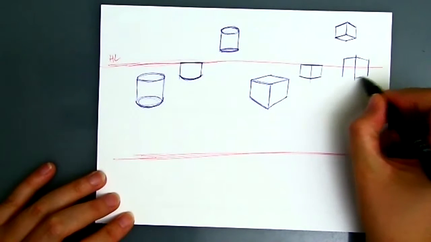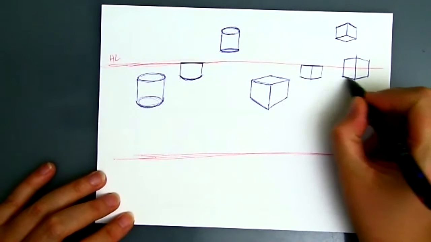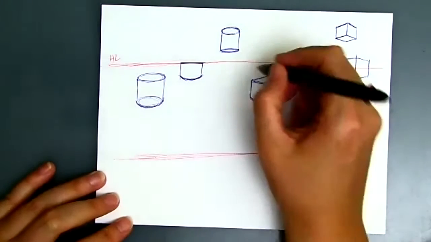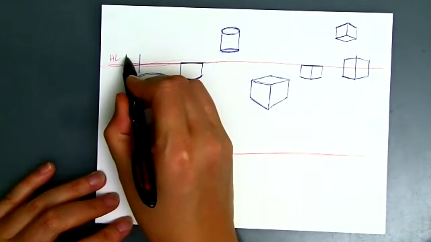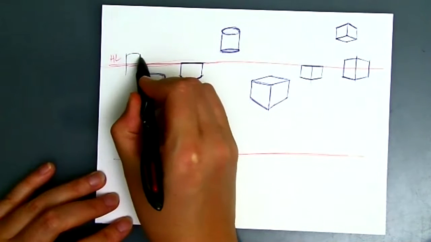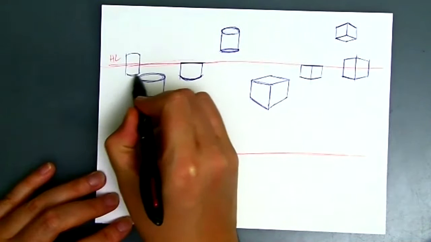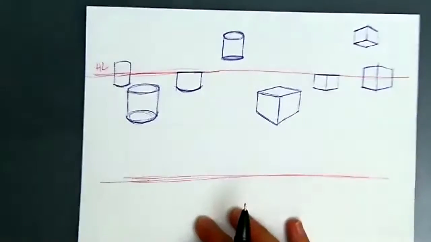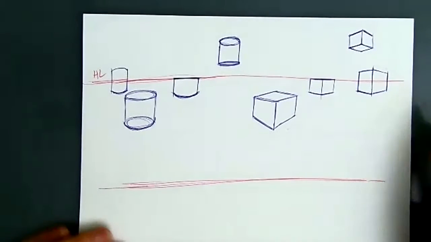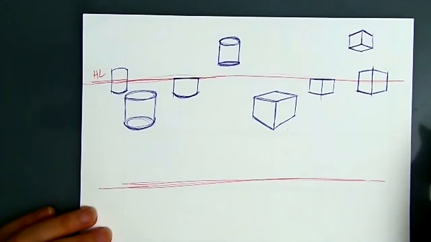We try to keep it subtle. If it's a cylinder, we don't actually see either of them. That makes sense. So you really only know it's a cylinder because of those little curves. Otherwise, it would be flat.